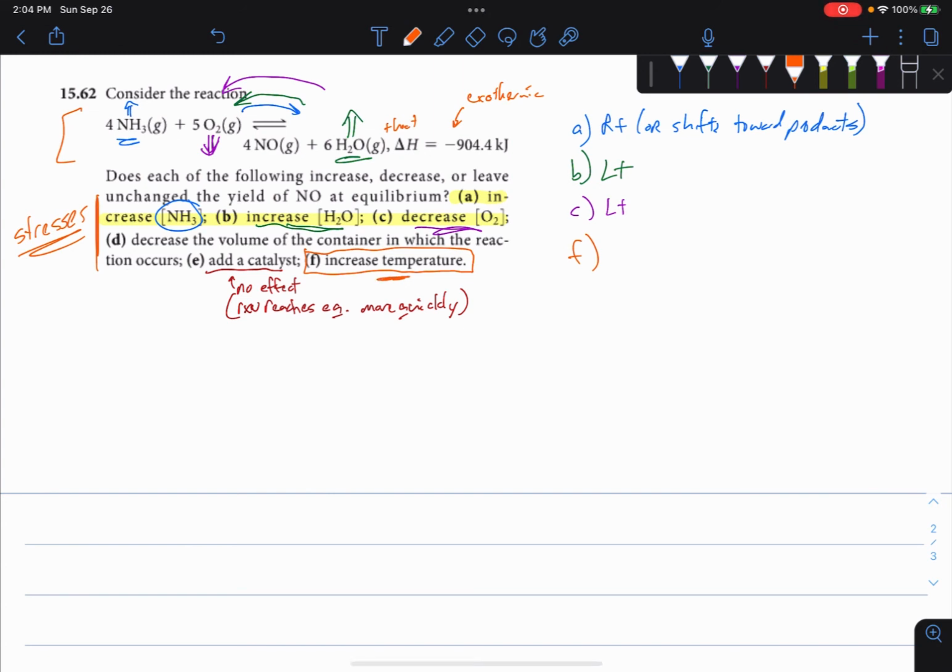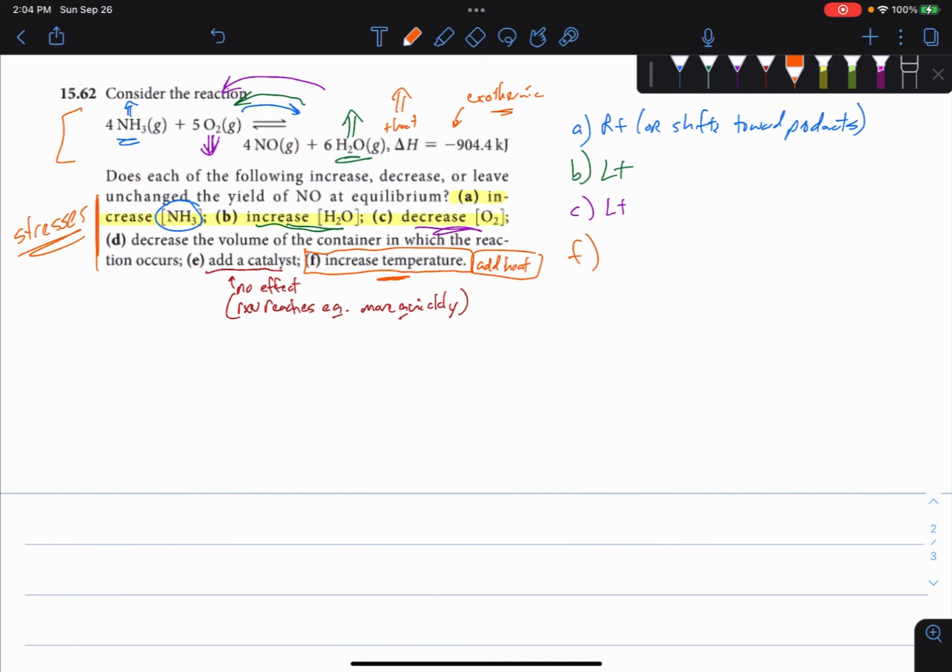If I increase temperature, I'm adding heat to the flask or whatever this thing is contained in. It is essentially as if I am increasing the product for this particular reaction, because heat is a product since it's exothermic.